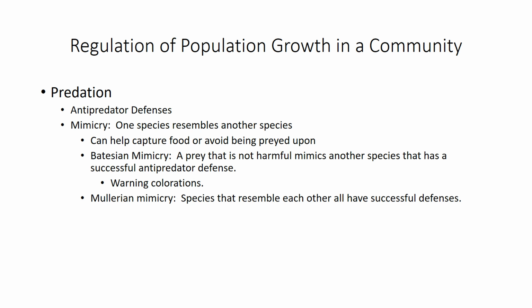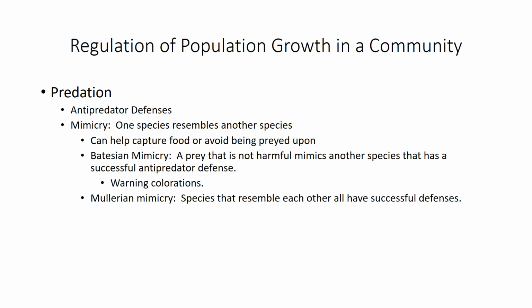You can have Batesian mimicry, and that's when a prey that's not harmful mimics a species that is harmful. For instance, having a warning coloration or looking like something that's really poisonous or scary or stings a lot. That's Batesian mimicry. And then Mullerian mimicry, that's basically a species that resembles another species, and they all have successful defenses.